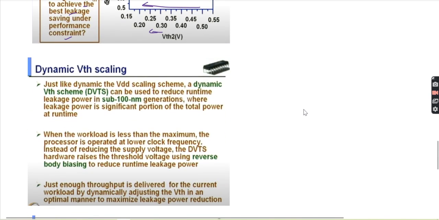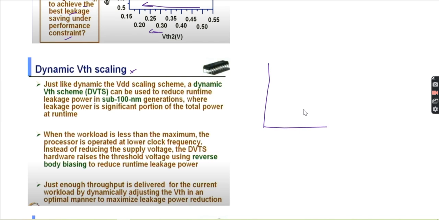The next technique is called dynamic VTH scaling, that is, dynamic threshold voltage scaling. If you see here, we have some workload. This I can call the workload. Now the workload is considered as this is 100%, this is 0%.